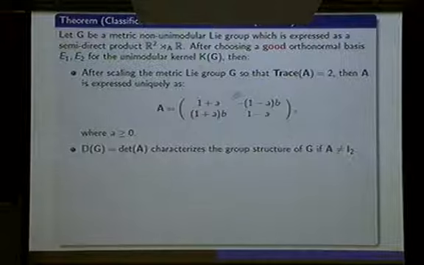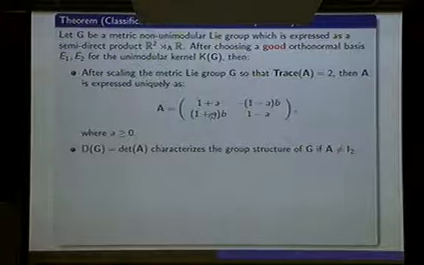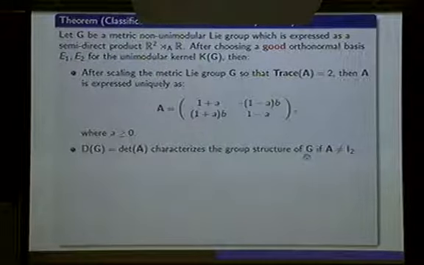And when you do this, you have another nice property: essentially the determinant of this matrix determines the group structure of the semi-direct product. So if you get this invariant called D of G, you just take the determinant of A. It characterizes the group G as long as the matrix is not the identity matrix.